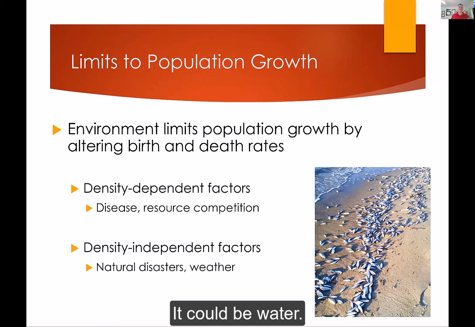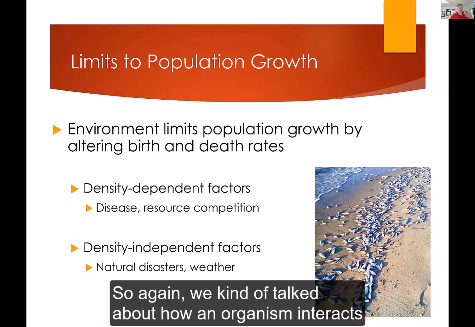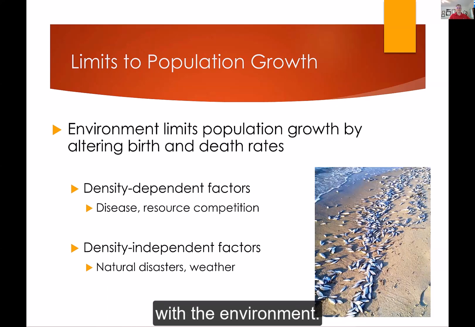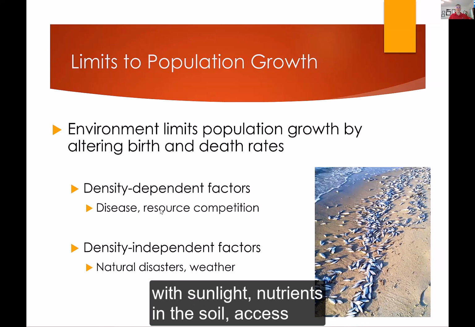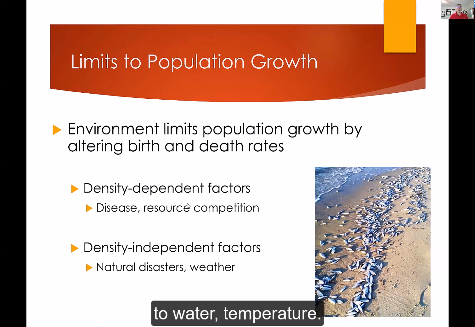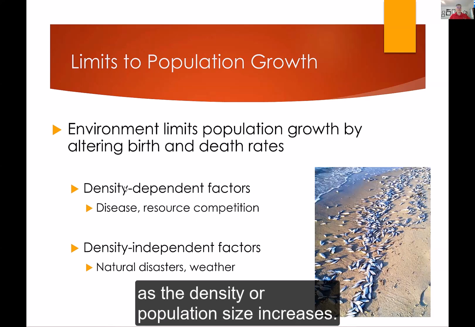If we are a tree, could be sunlight, right? So again, we kind of talked about how an organism interacts with the environment. And so all of those things that we talked about, so sunlight, nutrients in the soil, access to water, temperature, all of those things are going to increase competition as the density or population size increases.